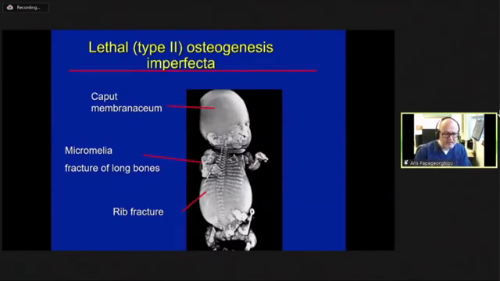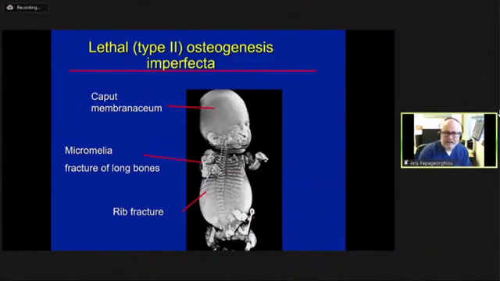But the one that we see in pregnancy is usually type 2, which is an abnormality of the collagen gene. So it's an extremely severe type, and this is also the type that will cause death due to respiratory and cardiac complications.